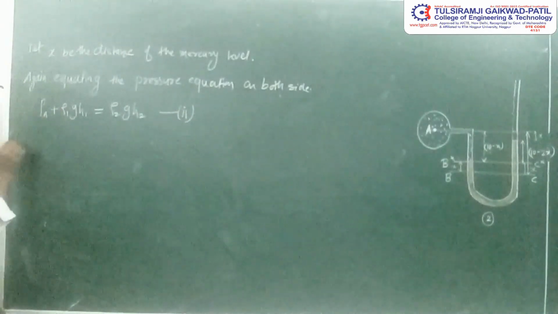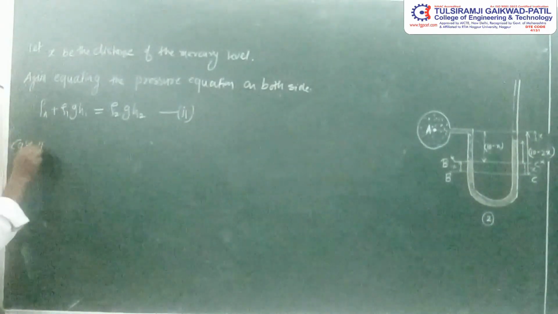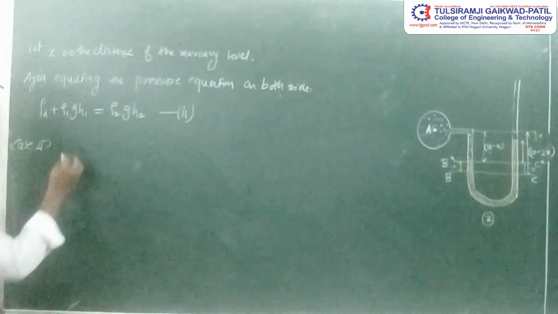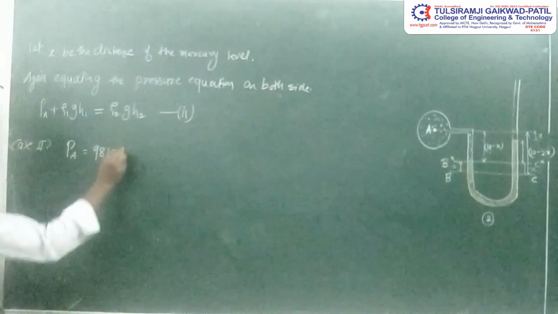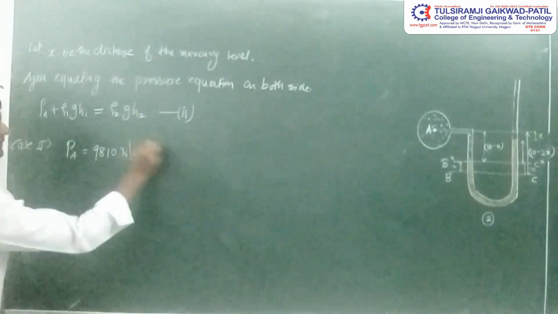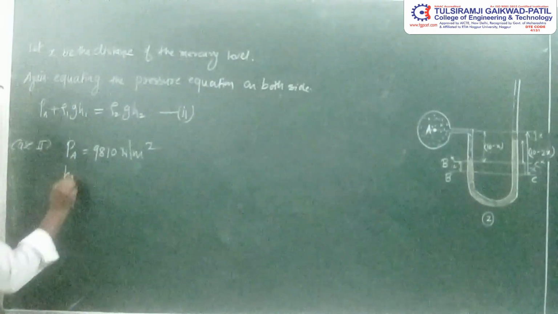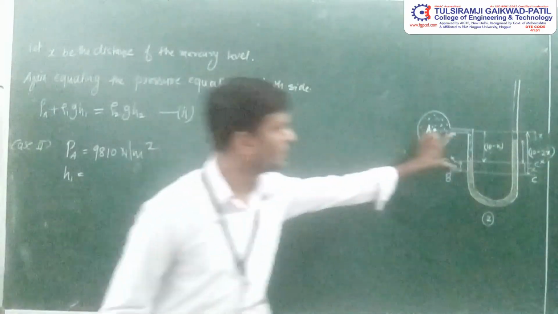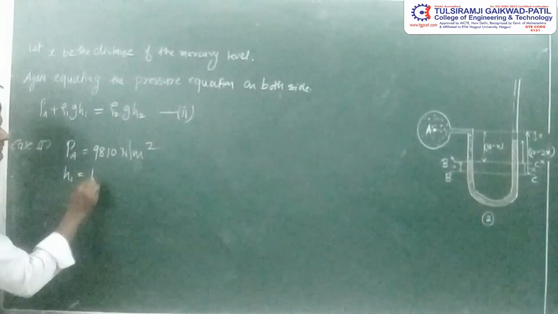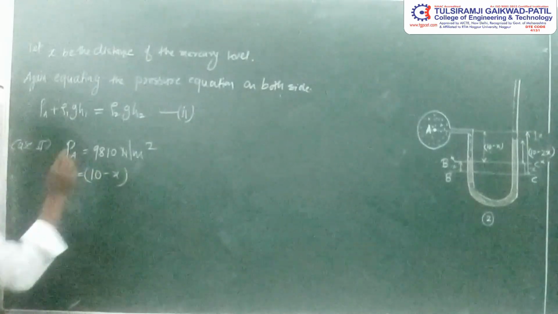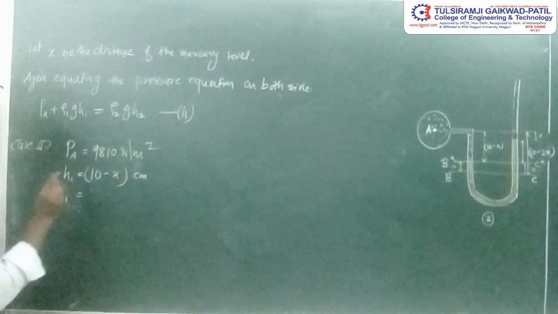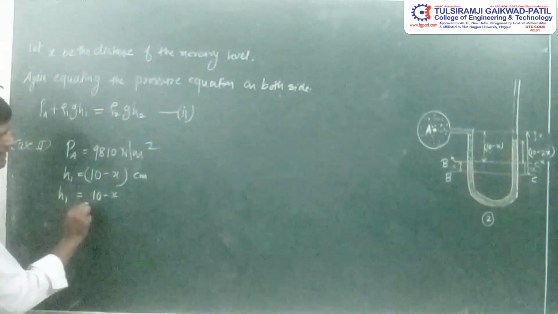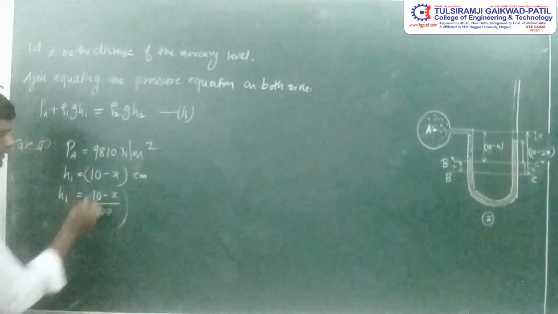Now what is given for case number 2? What is given for case number 2? The value of PA is provided, 9810 Newton per meter square. H1 will be, this is the H1, 10 minus x. This is in centimeter. To convert it into meter, H1 will be 10 minus x upon 100.